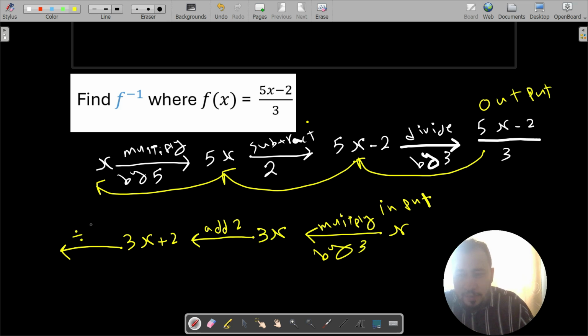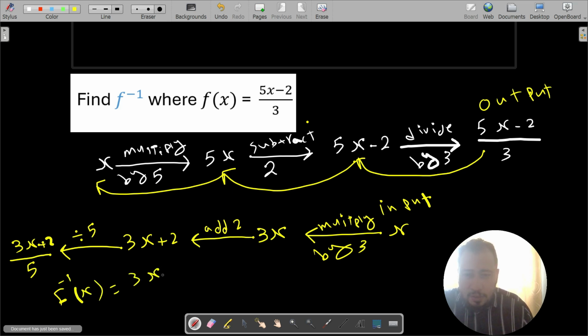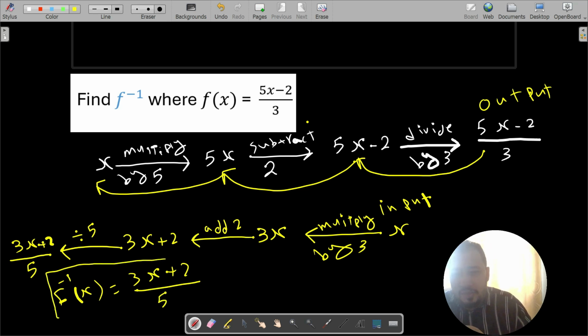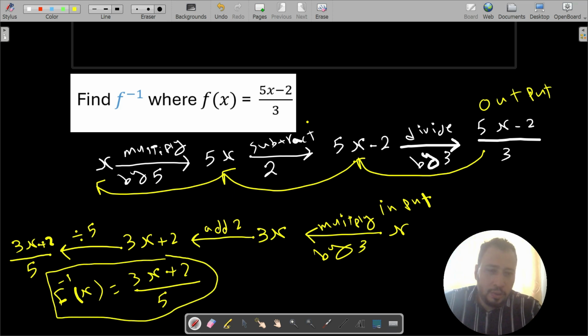So it's going to be 3x plus 2 over 5. And in this case, the inverse of your function is 3x plus 2 over 5. This is how to find the inverse of the function using the flow diagram.